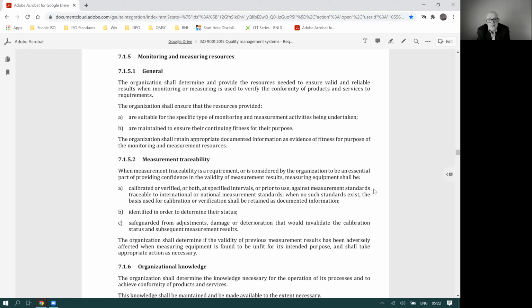Point B is the resources provided are maintained to ensure their continuing fitness for their purpose. So our own example is probably not the best for explaining this particular one, but I think it's self-explanatory to a degree.